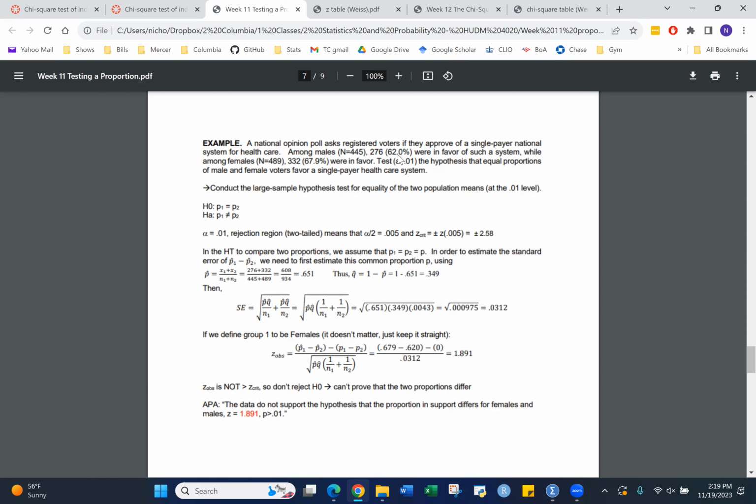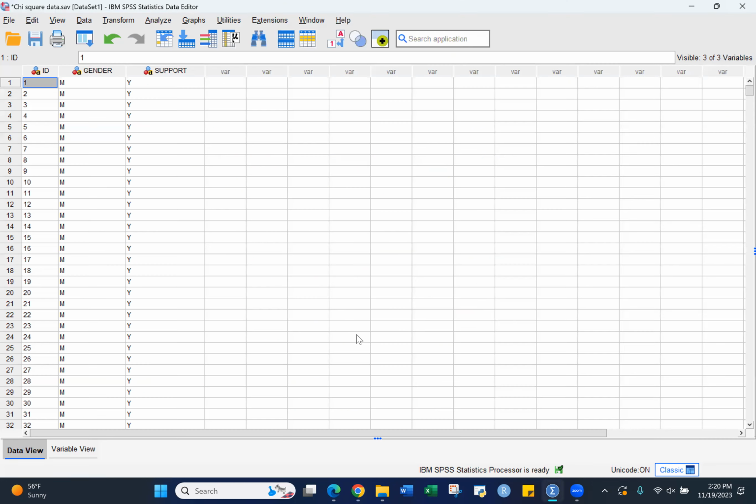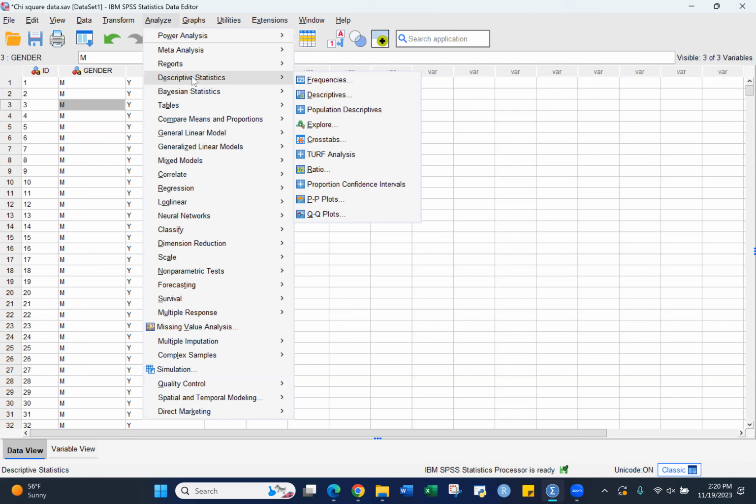That is not what we want. And we will see we get the same answer. We get the exact same p-value no matter how we do this. So let's go ahead and do this in SPSS. In SPSS, this is the data, and you can see again gender and support. And the first thing I'm going to do is go to Analyze, Descriptive Statistics.